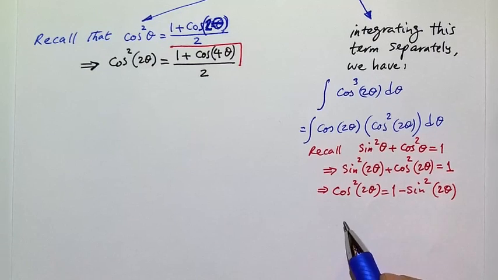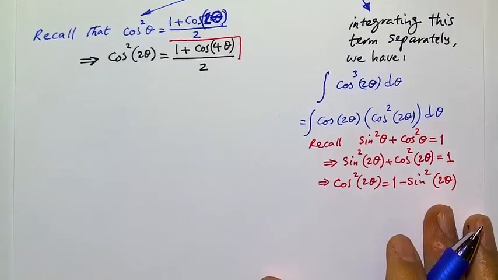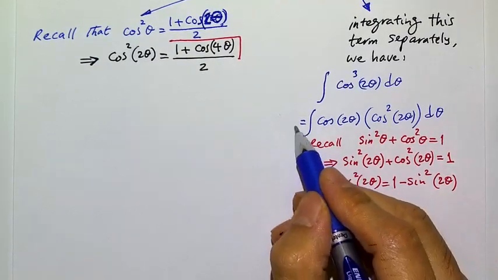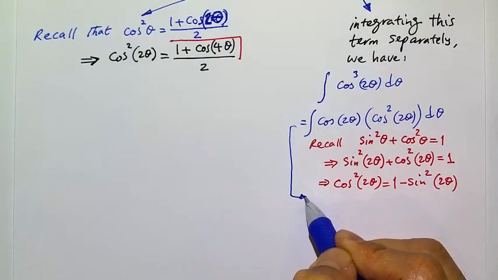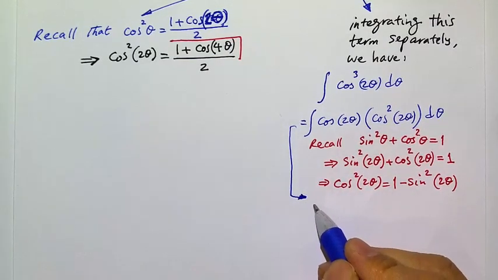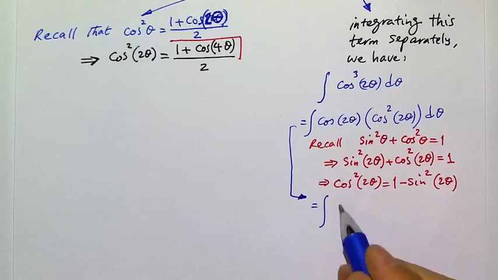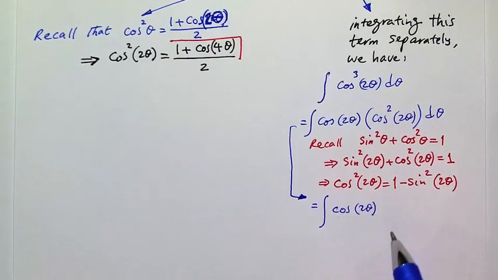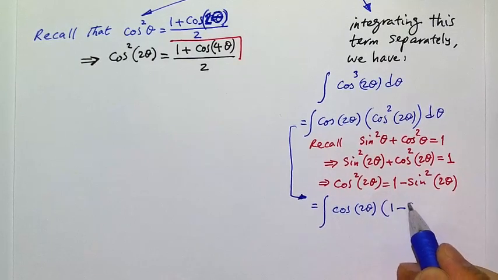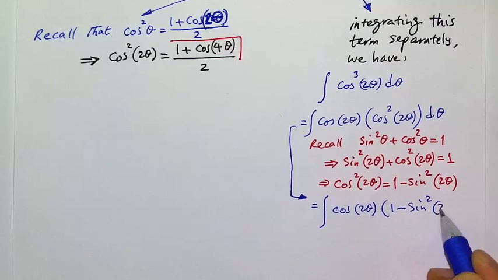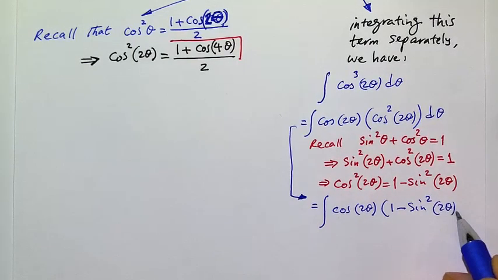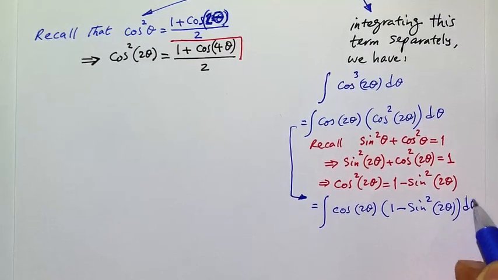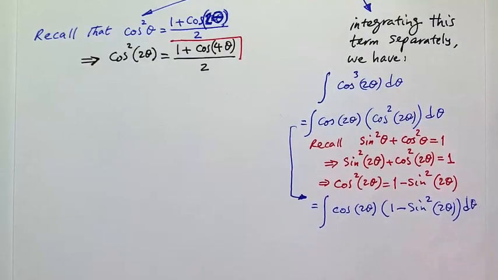So let us do that. After that, we have the integral of cosine 2 theta times this 1 minus sine squared 2 theta d theta. Okay, that should do it.